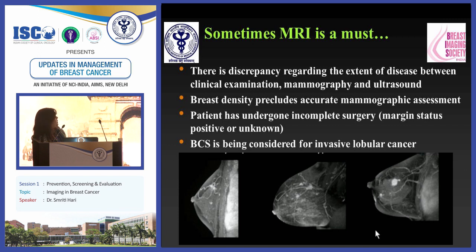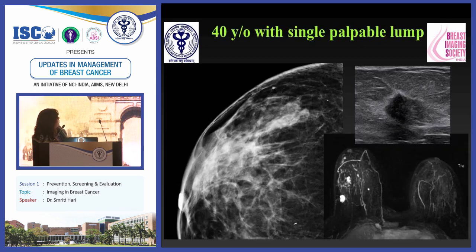Or if BCS is being considered for an invasive lobular cancer, since it has a high risk of multicentricity as well as bilaterality. This is an example wherein a lady had a single lesion on mammography as well as ultrasound, but the MRI showed 2 lesions which are quite at a distance from each other.